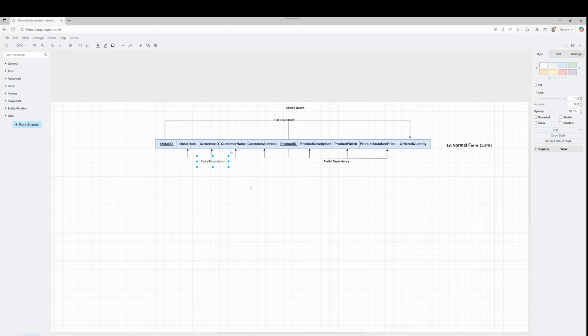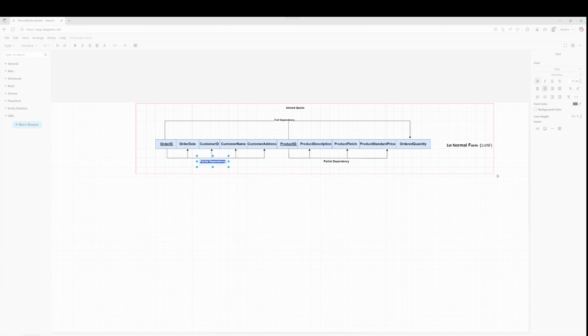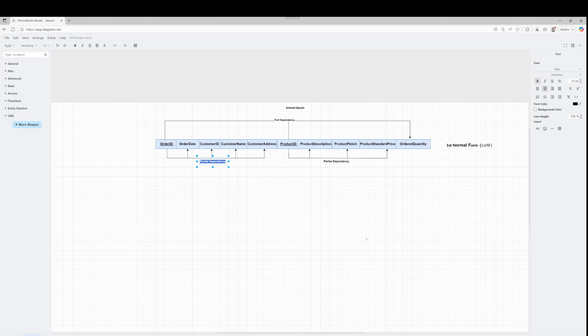So now I identify what are the full functional dependency, what are the partial functional dependency in this relation. Going to take this one. You could have only one diagram and show everything, but I'm just breaking it down for you.